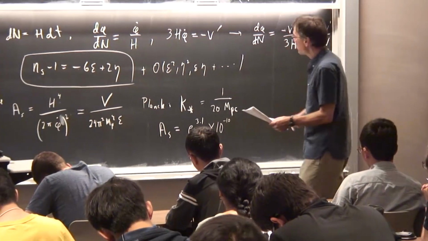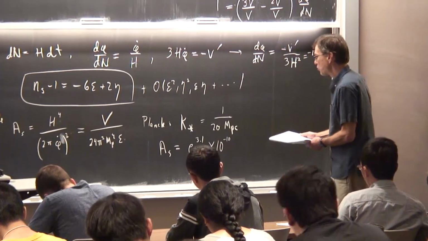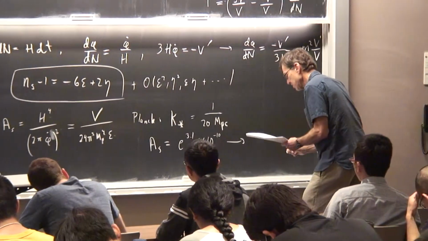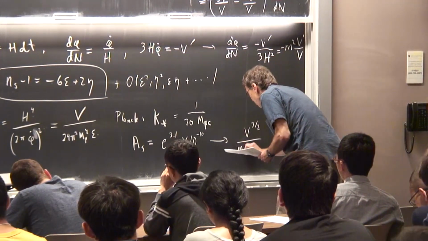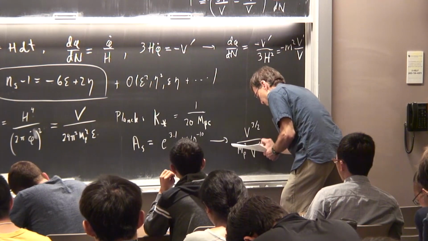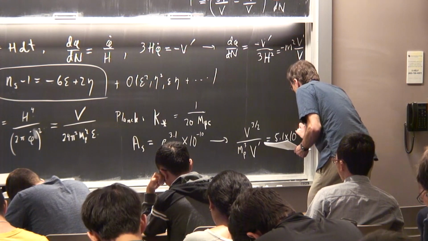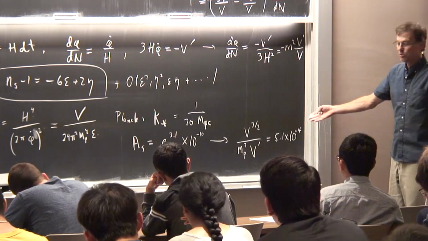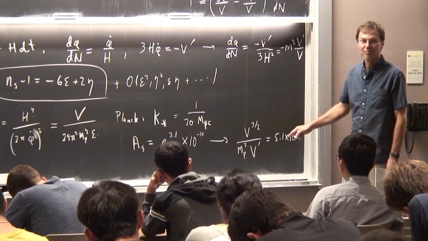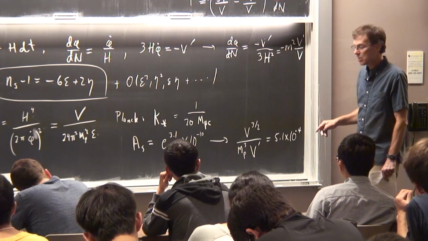Now, if we write out, again, what's epsilon, then we can relate this more directly to parameters of the potential. So it implies that V to the 3/2 over M Planck cubed V prime is 5.1 times 10 to the minus 4. So this is the other thing you need to impose if you're pitting an inflationary model against the data.